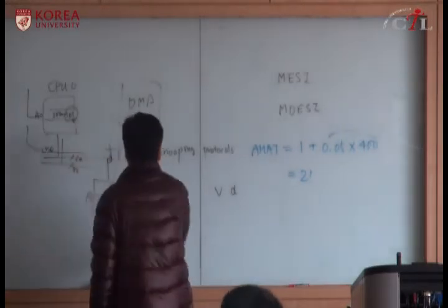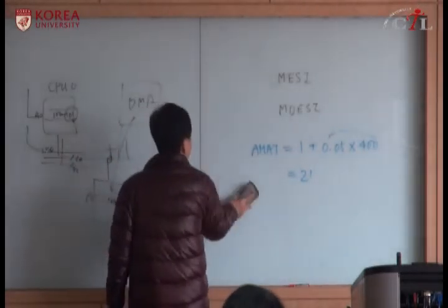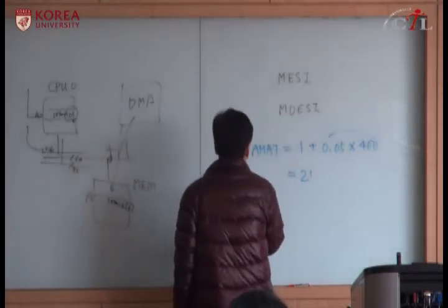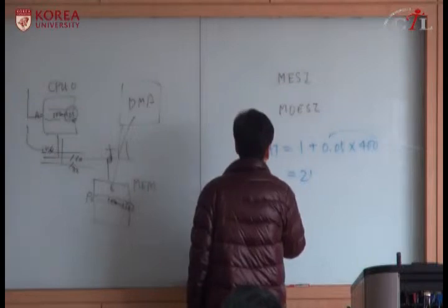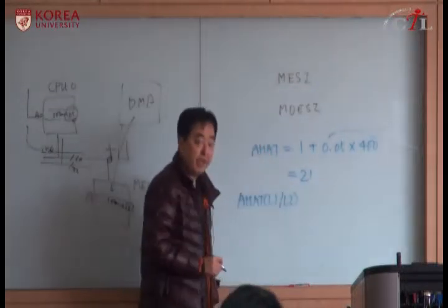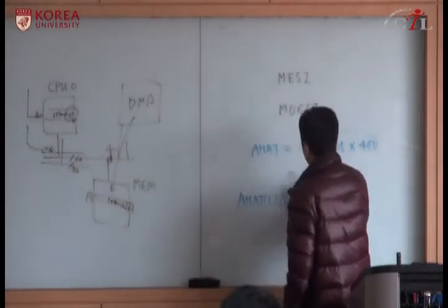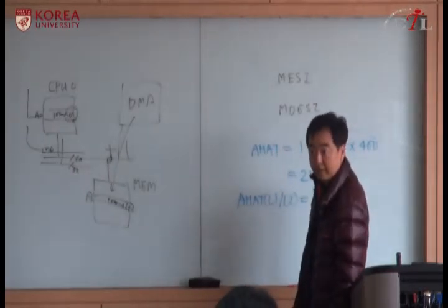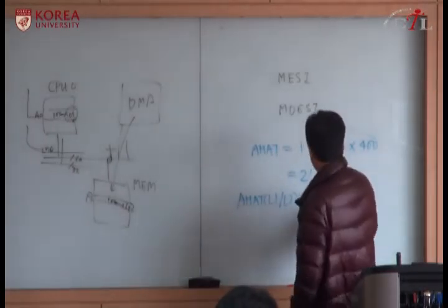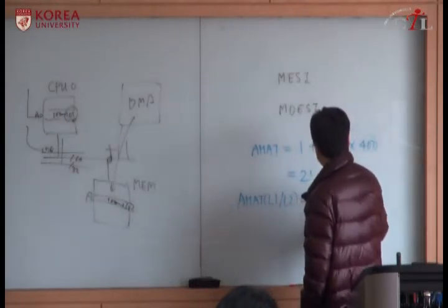So let's say we have a second level cache. Now L1, L2. We have two levels of cache. First level cache is, as before, we pay 1 cycle for hit or miss. And then it has 5% miss rate.